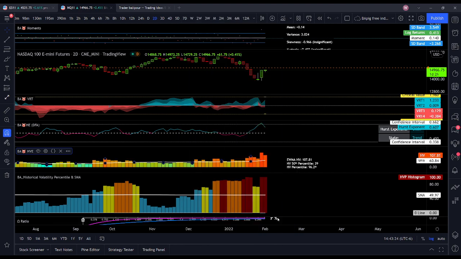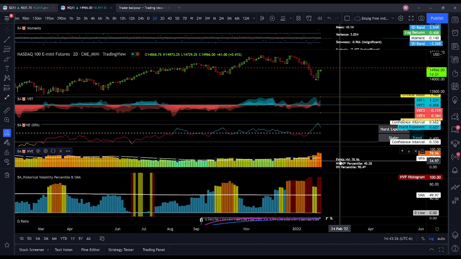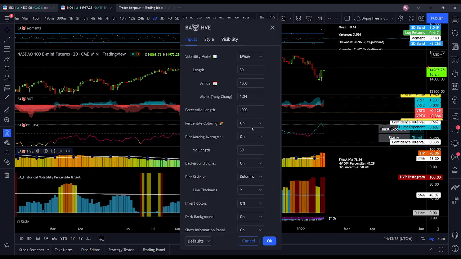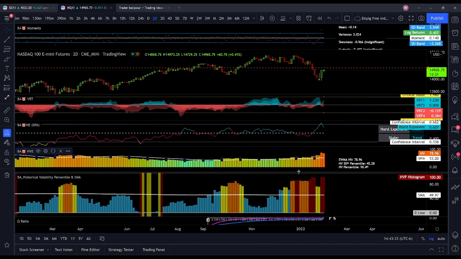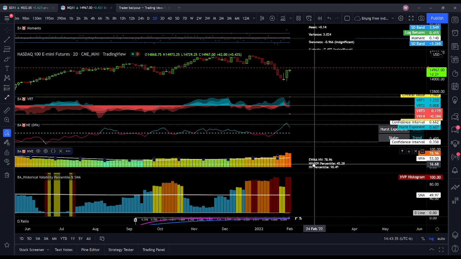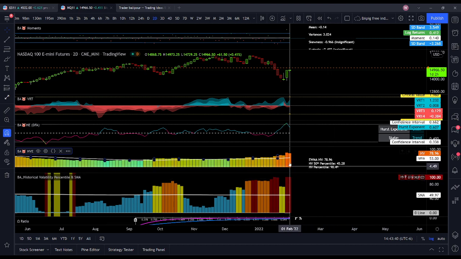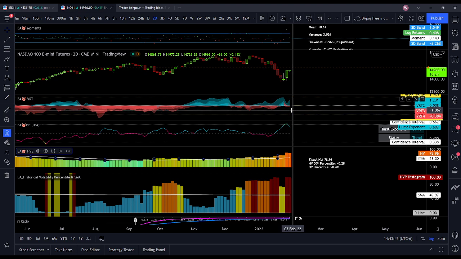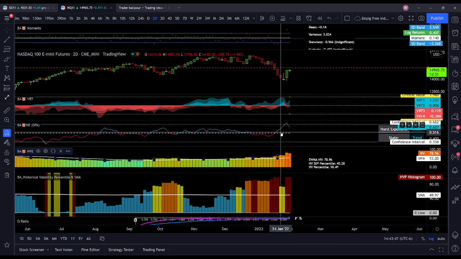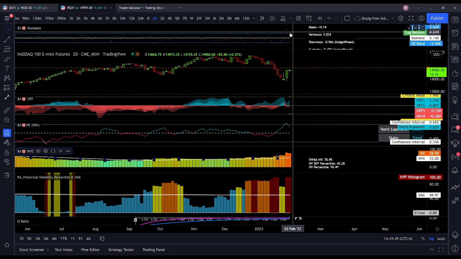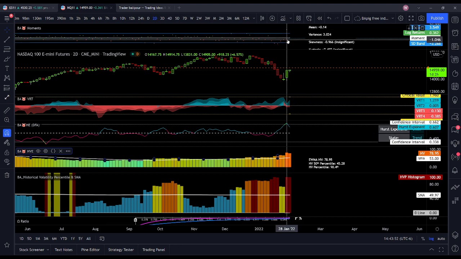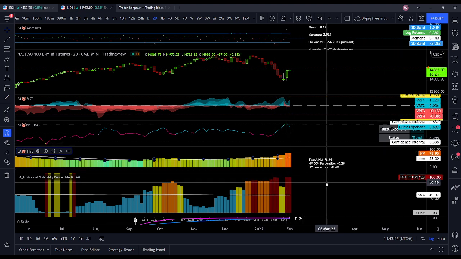We can even put this on 30 if we want, and the volatility is still in the 90th percentile, so 90% of candles were lower than this. Looking at the VRT going into a state of trend, we can expect some larger returns here. And this return right here was outside of the confidence interval, so that's definitely something to know.